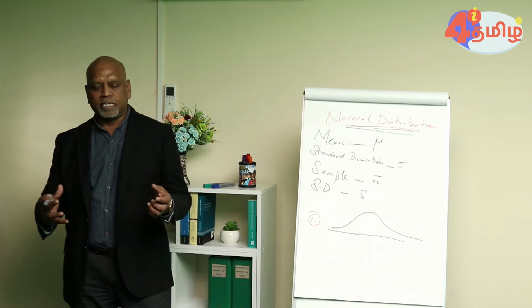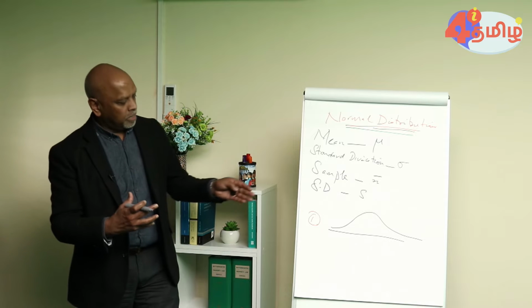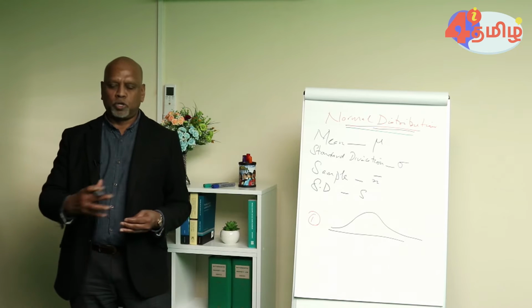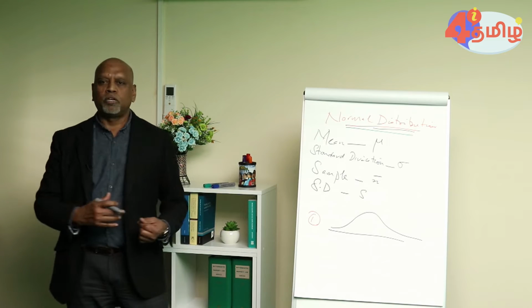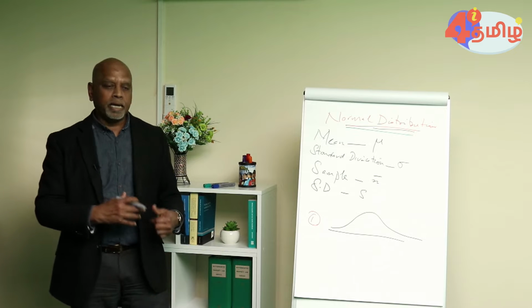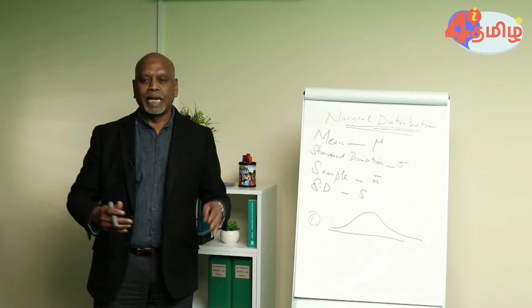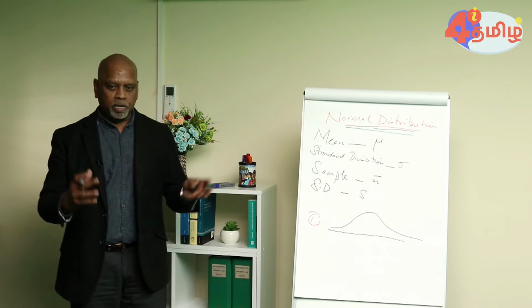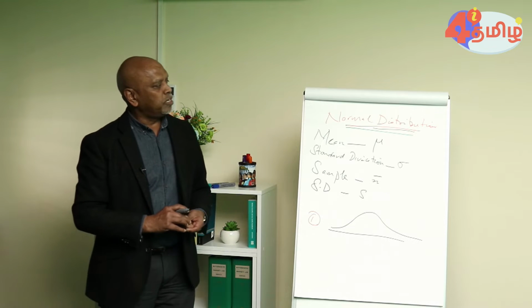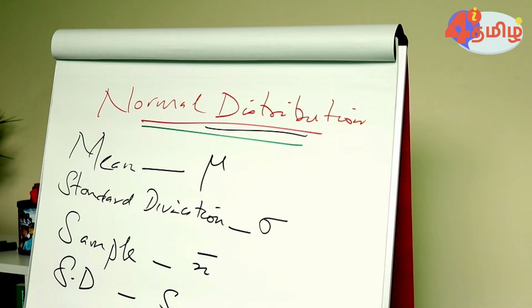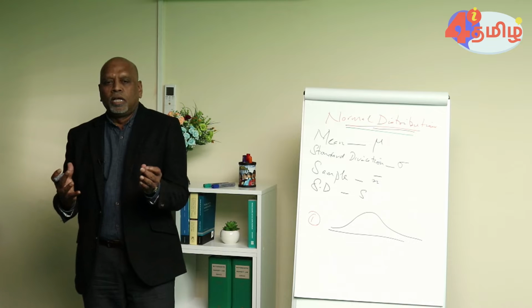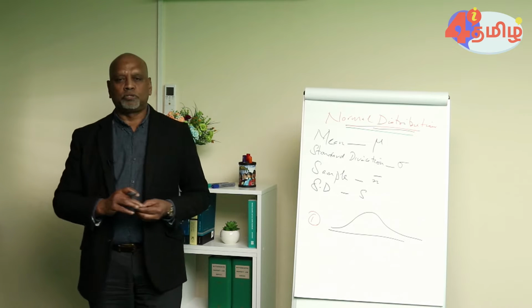The data is collected and you create a graph. It will be skewed to positive, or it will be skewed to negative. But what we want is the normal distribution, a perfect curve or perfect graph. In order to achieve that, we can use the central limit theorem to get the full perfect normal distribution.